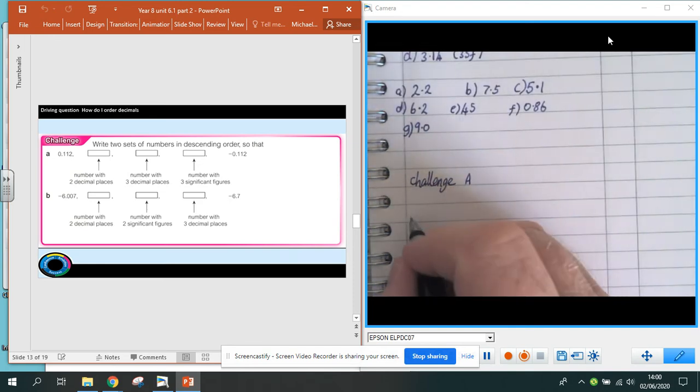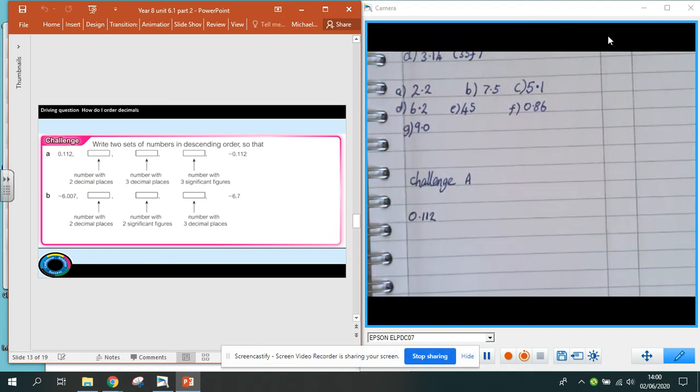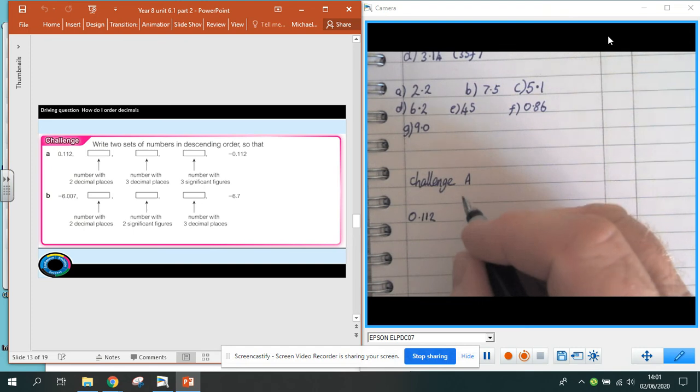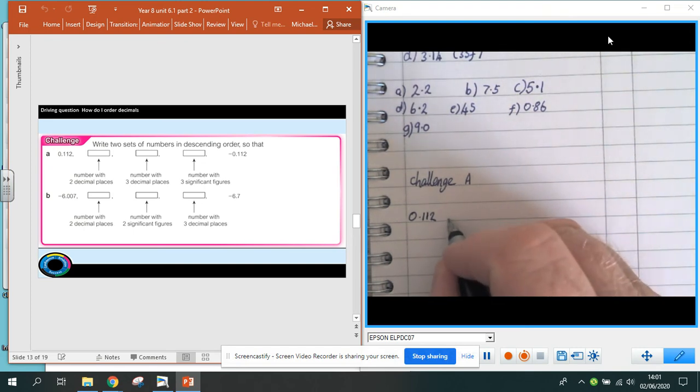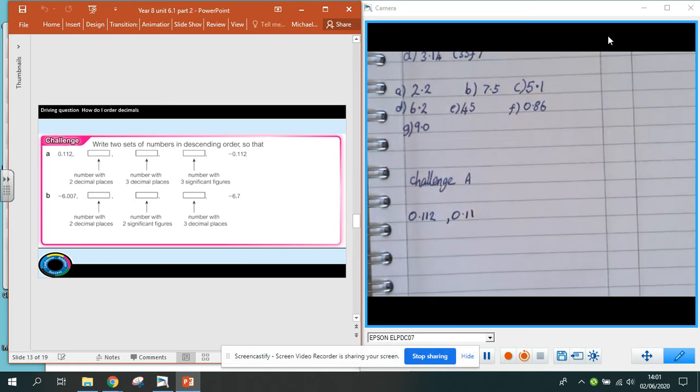So my first number, I know that's going to be 0.112. And these numbers are going to be in descending order, so it's got to be smaller than that, and it's got to have 2 decimal places. So I chose 0.11, 2 decimal places.